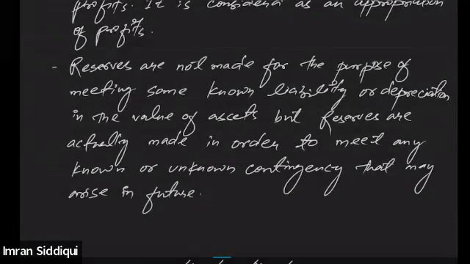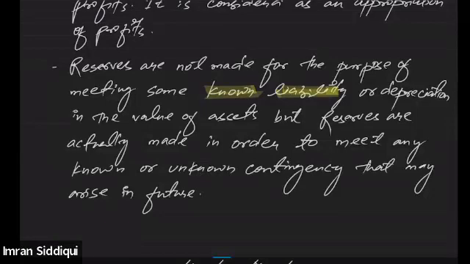Okay, so see how reserves are different from the provisions. Provisions are always made for known liability. All right. But on the other hand, reserves are made for, it could be in relation to any contingency, whether known or unknown.